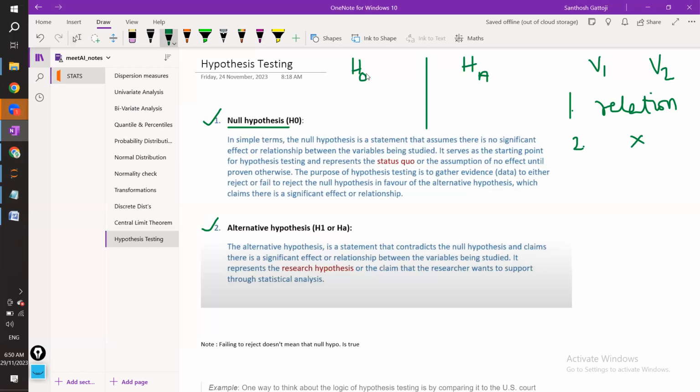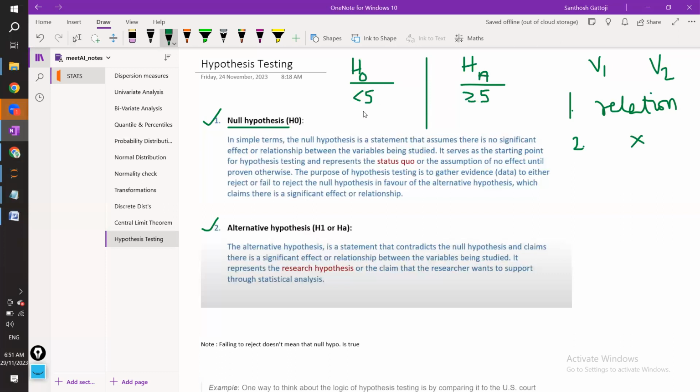So that finally, after doing some test, if you prove one of these, automatically the other will get disproved. For example, if this is less than 5, this will obviously be greater than or equal to 5. Agree? So whatever this is not covering, this will cover.